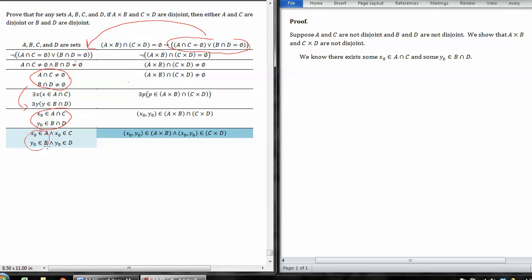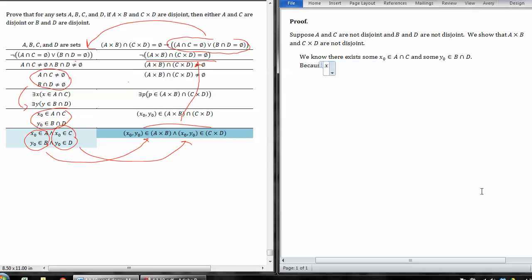And then, as I mentioned, we're going to just combine these to get here, and combine these to get here. And those together will take us up to our goal, which was right there. So we should say because x naught is in A and y naught is in B, it follows that x naught, y naught is in A times B.